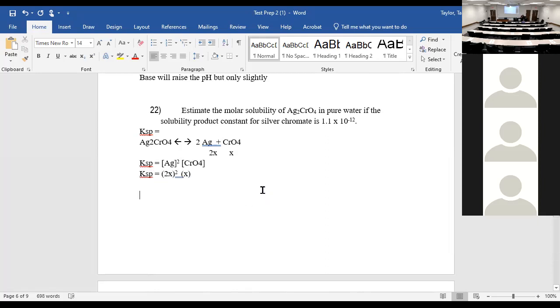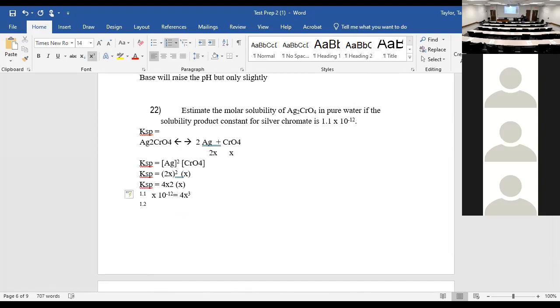There we go. And then from there we square the 2x. If you remember, when you square it, it becomes 4 because you square the 2, and you also square the x. So it's 4x squared, and then you're still multiplying that by another x from right here. So it becomes 4x cubed. And then all you have to do is take your KSP and plug it in for where KSP is.